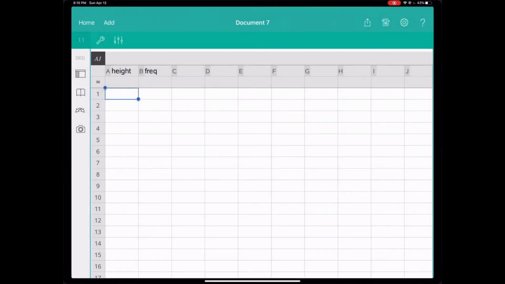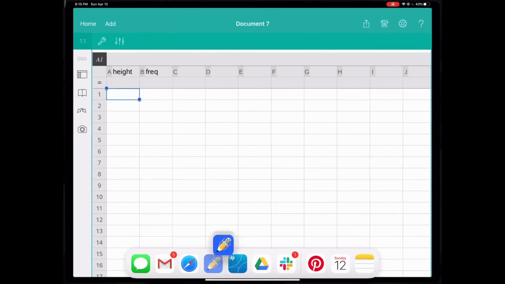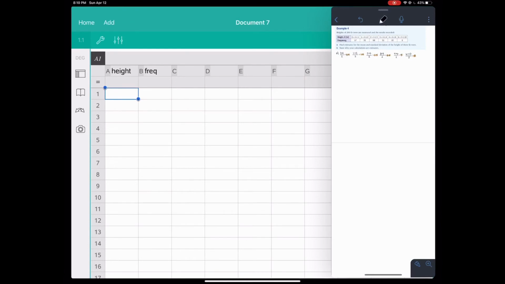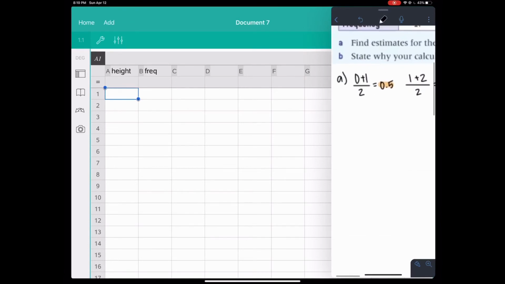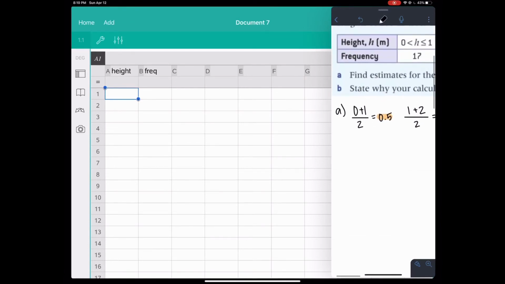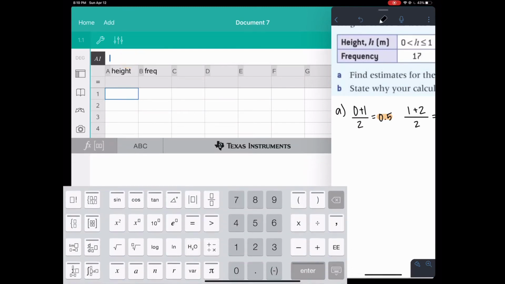So I already have a list and spreadsheet open with my columns named. So one column is height and one is frequency. So I'm going to use the midpoints that we just found as our height, and then the frequency as the frequency. So in this box, I'm going to have 0.5, and 17 is our frequency.